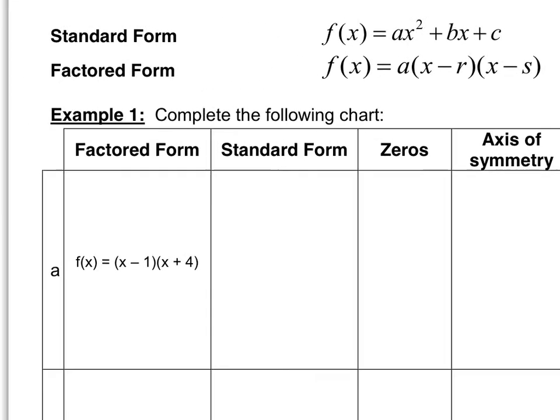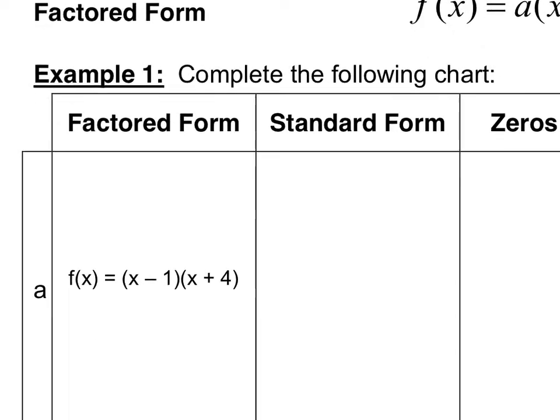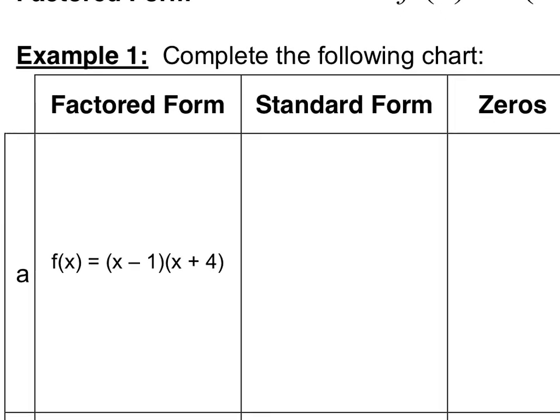So we're going to start off by first expanding this factored form and turning it into standard form. We'll use our FOIL method to expand.